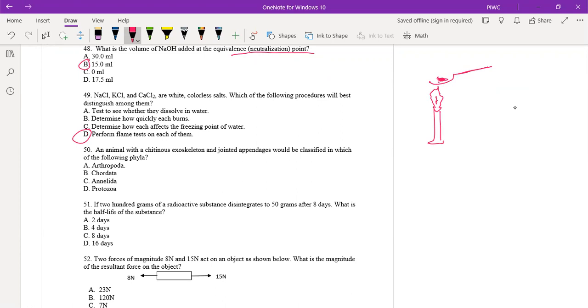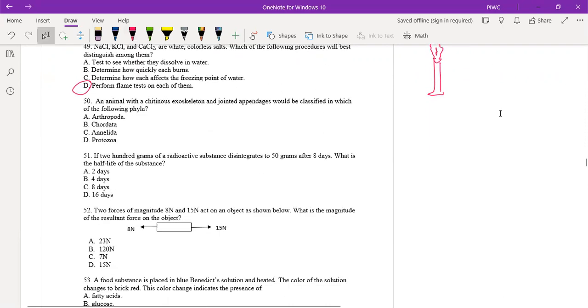They produce different flame colors. That's the flame test. If you get a chance, you can Google flame test images and you see beautiful colors like that. That helps to distinguish between these three salts. They all have distinct colors that they produce.